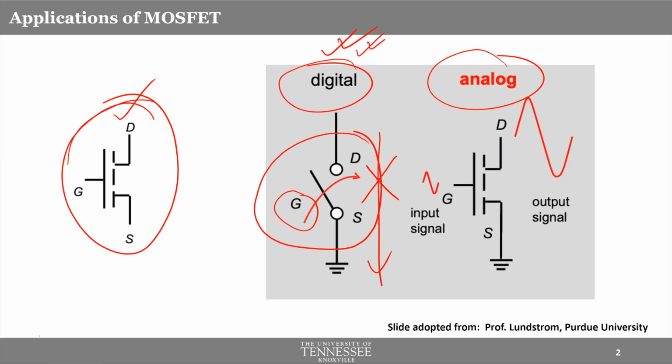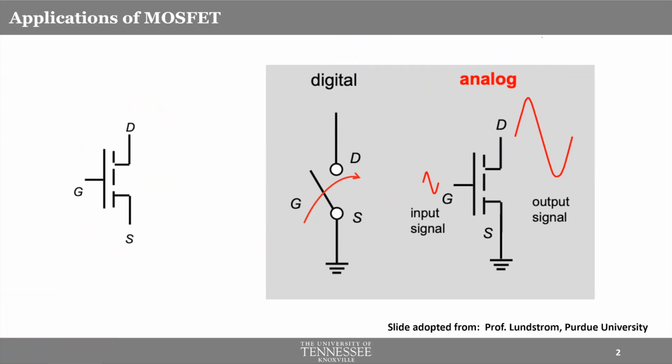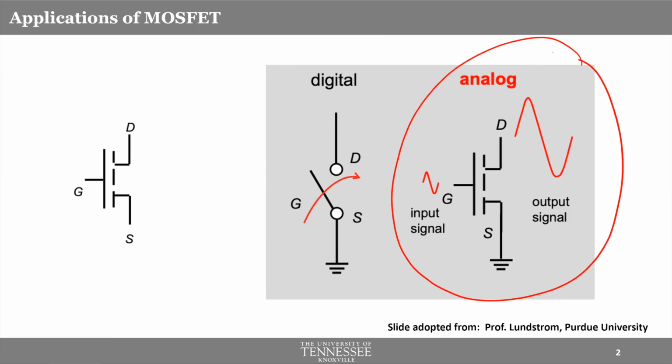But for analog applications, it's a different story. It's more demanding, and it requires more complicated design approaches for analog design, by the way. In analog circuits, we mostly care about time varying signals, and oftentimes we call them small signals, and there is a reason for that.